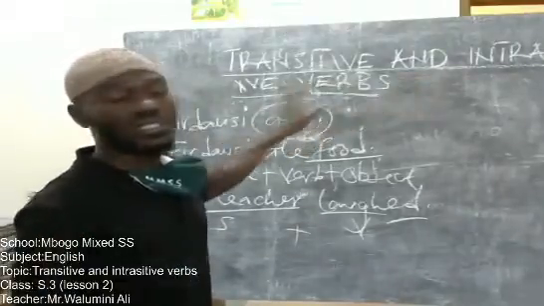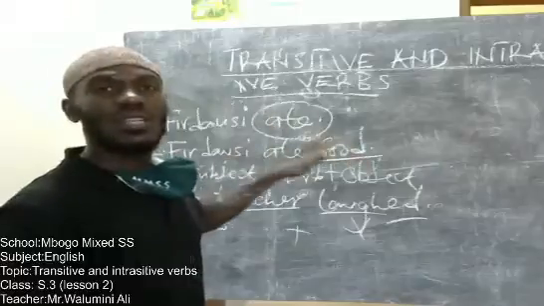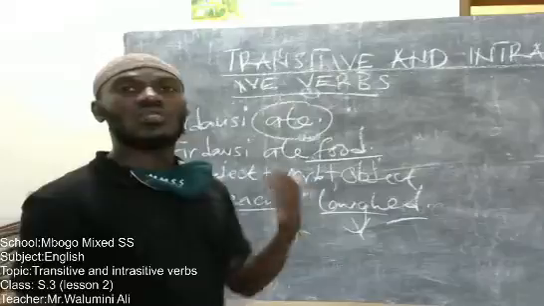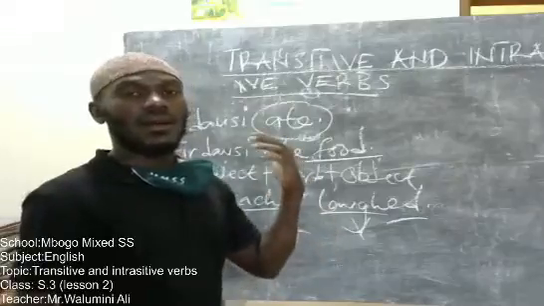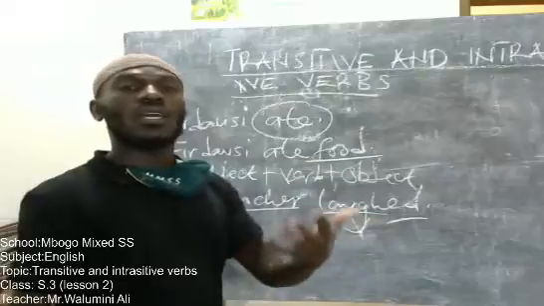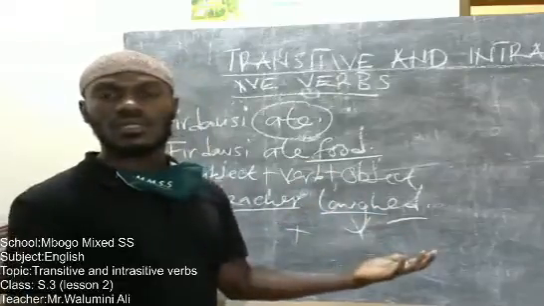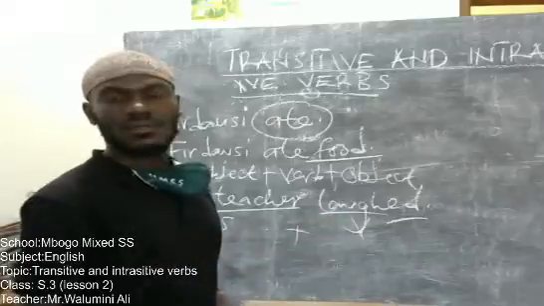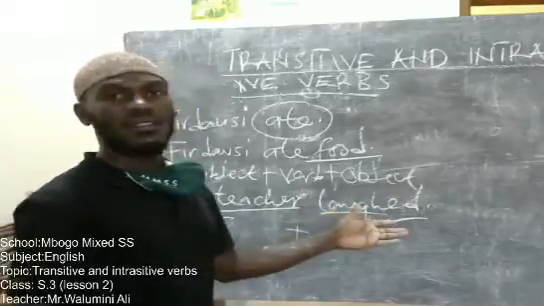This kind of verb is the opposite of the other. This verb does not require a direct object to make the sentence complete. You see? The teacher laughed.